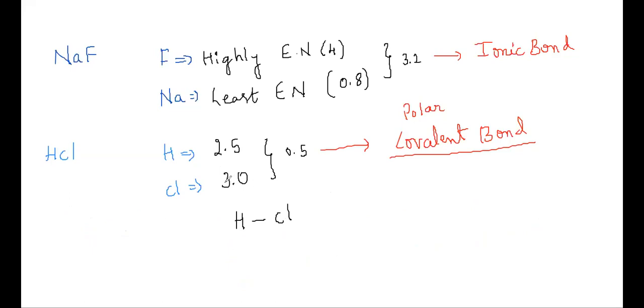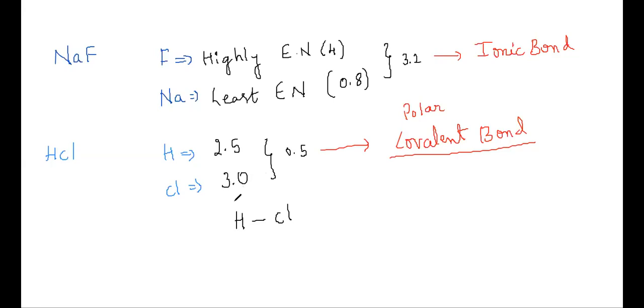We know the definition of electronegativity is that it pulls the electrons towards itself. It is going to pull the shared pair of electrons, or the bond pair of electrons. So this chlorine is going to pull the electron from the hydrogen. When hydrogen gives the electron, what charge is going to be on the hydrogen? Positive charge. Yes. So this gets a partial positive charge that we indicate by delta plus.